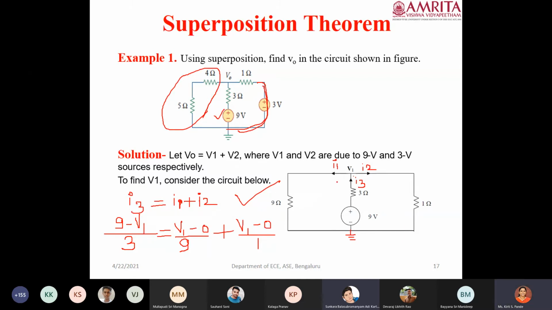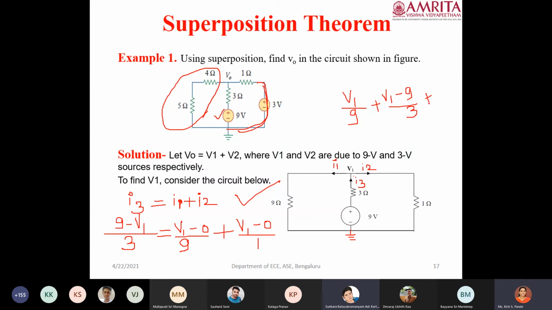One minute. Can I write V1 by 9? V1 by 9 you took, plus V1 minus 9 by 3, plus V1 is equal to 0.